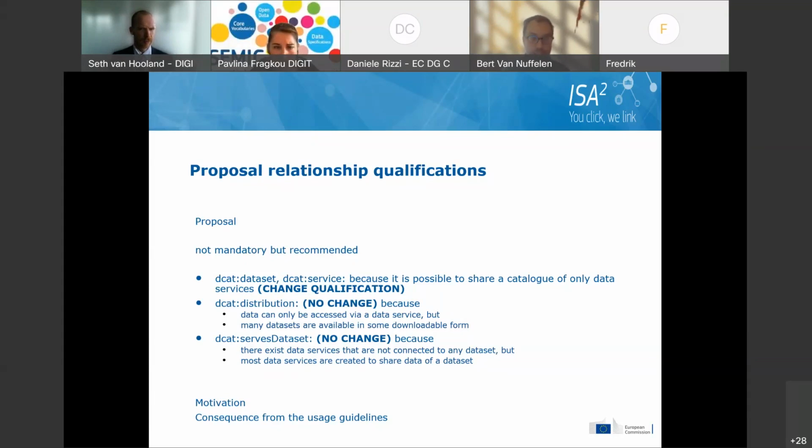So what is the proposal is that we not make any of these mandatory anymore, but recommended. And this means mostly a change at the level of DCAT dataset and DCAT service, to enable that you have a catalog of only services or a catalog of only datasets available, and that we have this possibility available.